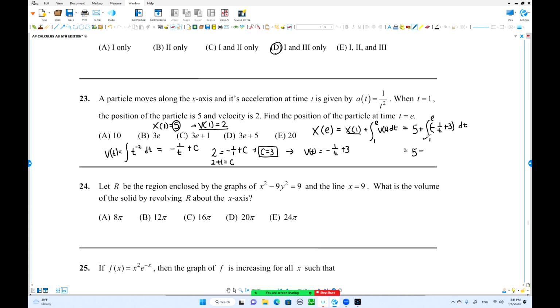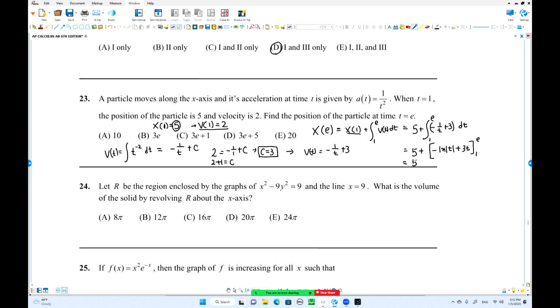It is ln t. Are you okay with this? So we get negative ln of absolute value t, plus 3t, and we take this from 1 to e.